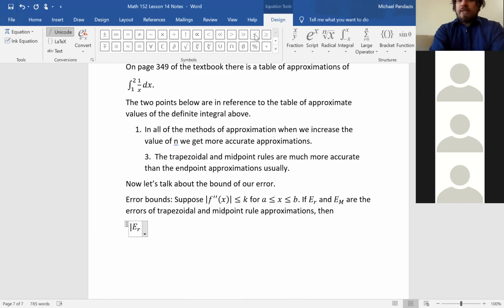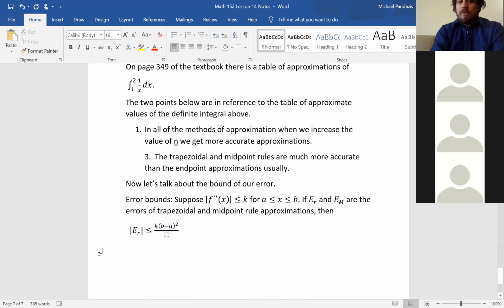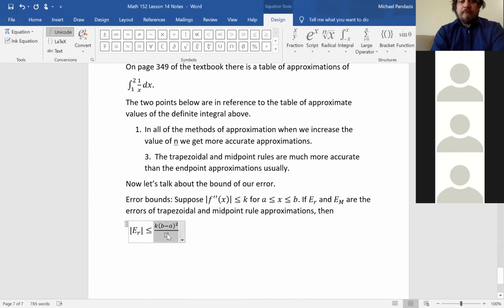The absolute value of E sub T is less than or equal to the fraction K times (b minus a) squared over 12n squared.